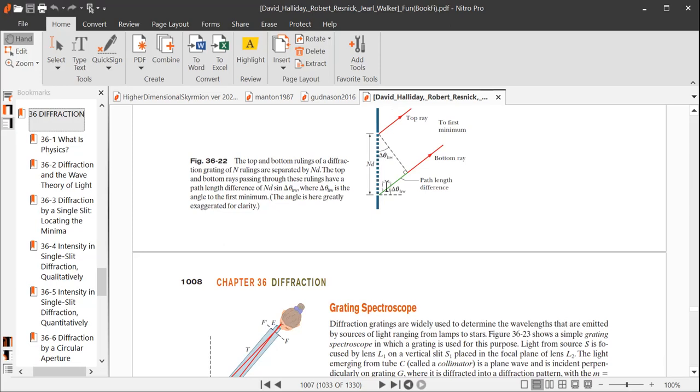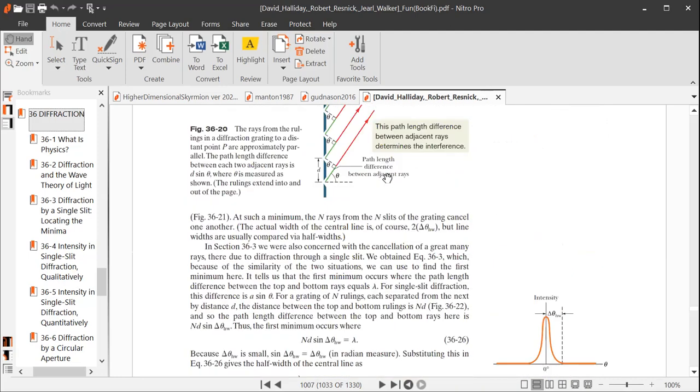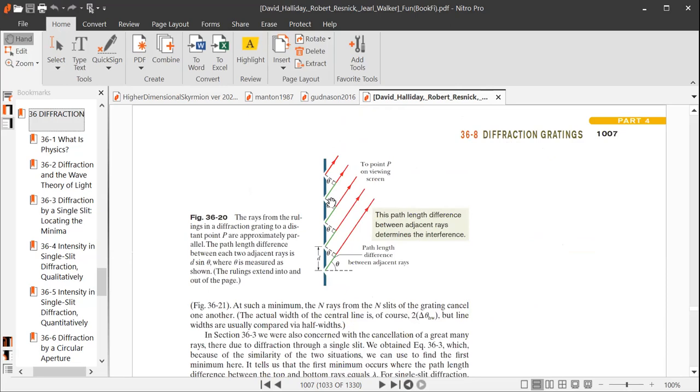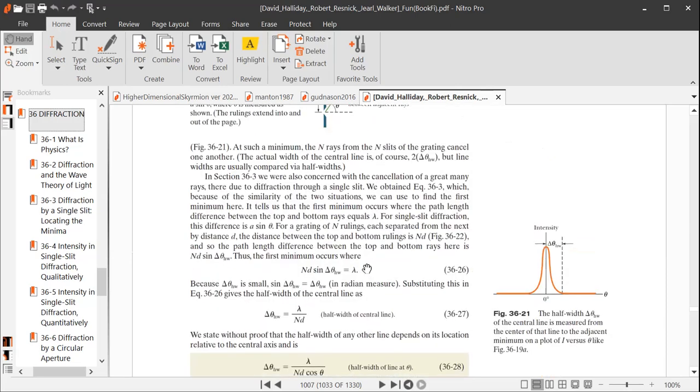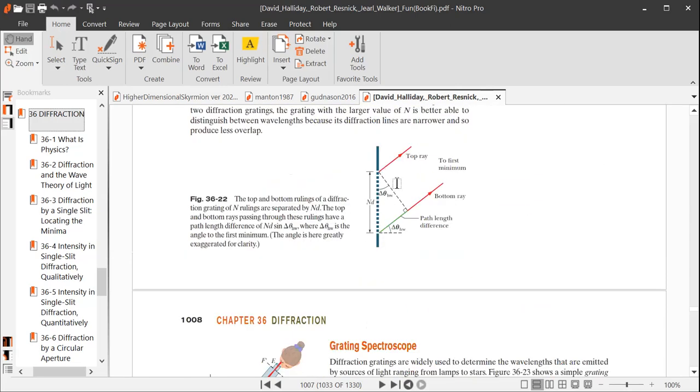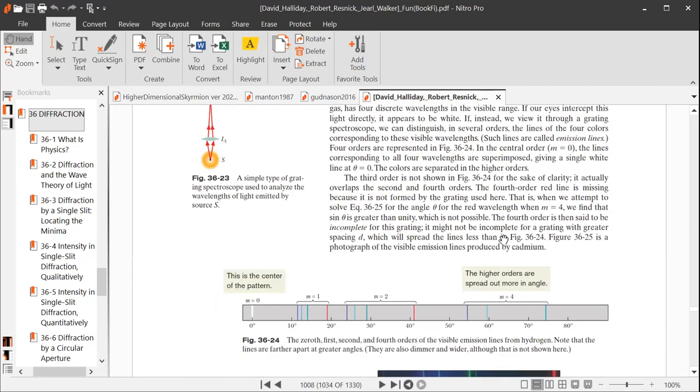This delta theta HW is totally for N slits, not for each slit. The width of this slit is N times d, for example.